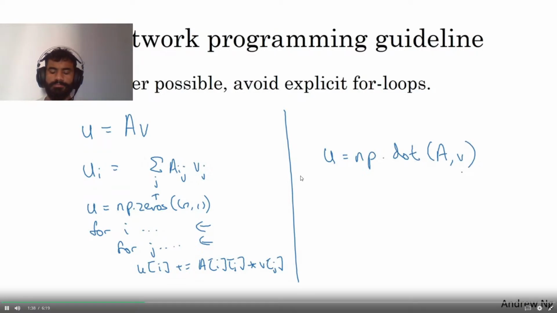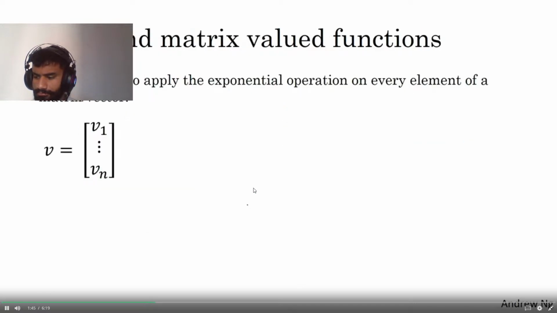And the implementation on the right, the vectorized version, now eliminates two different for loops and it's going to be way faster. Let's go through one more example.